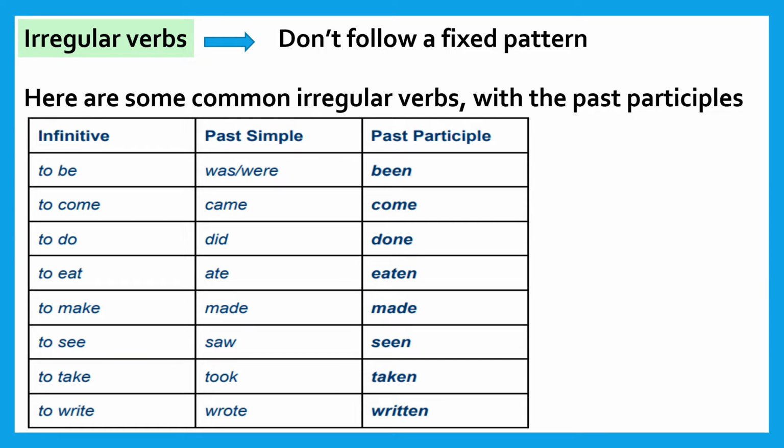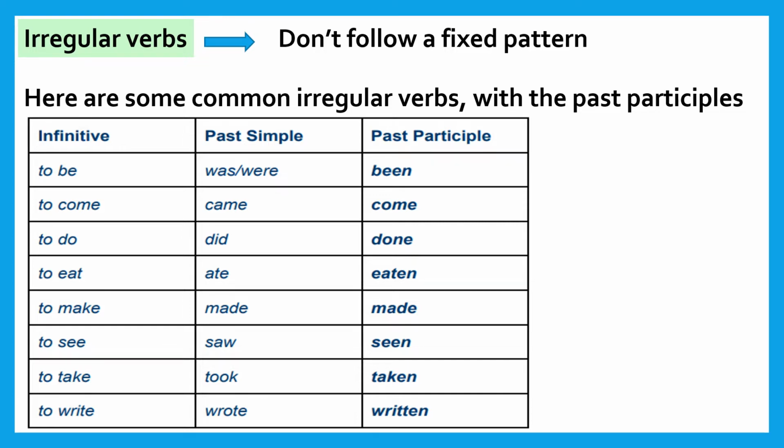For example, look at the given table. In the first example, the to be form of verb in the infinitive becomes was or were in the simple past and becomes been in the past participle.